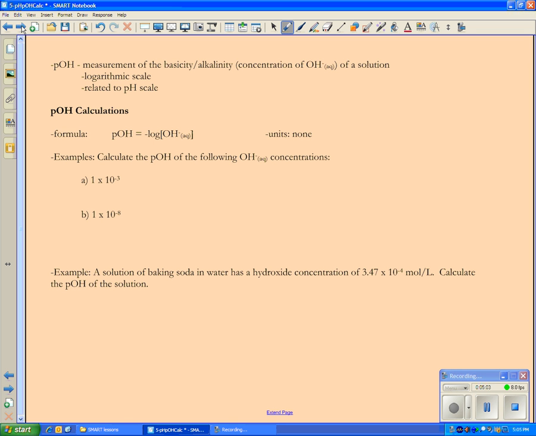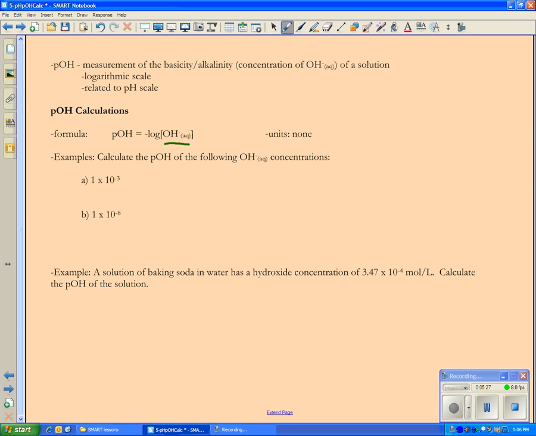If you have a look at the formula for how to calculate pOH, it looks almost exactly the same as the formula we had to calculate pH. The difference is which concentration we use in the calculation. For pH, we were using hydronium. For pOH, we have to have the concentration of hydroxide. Again, we're not going to have any units on those pOH values.